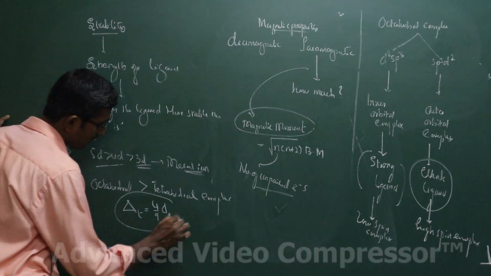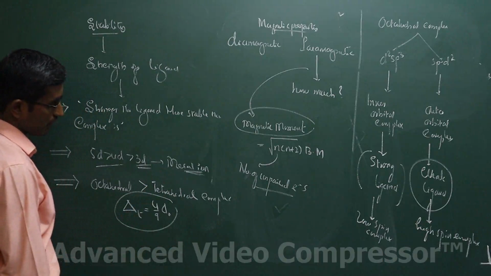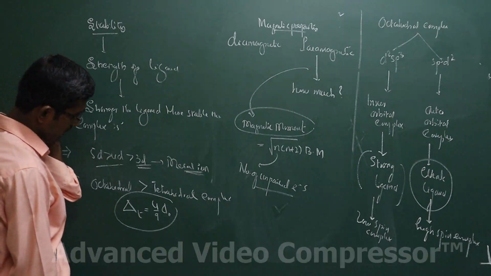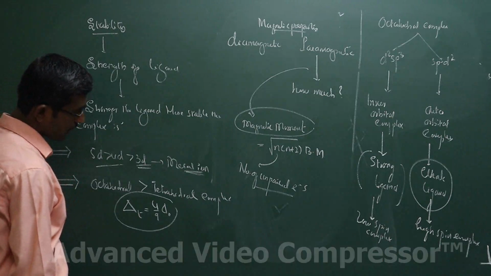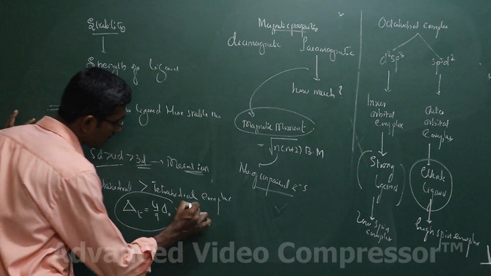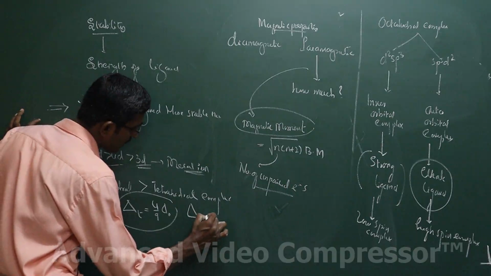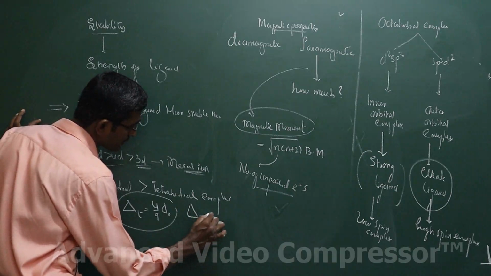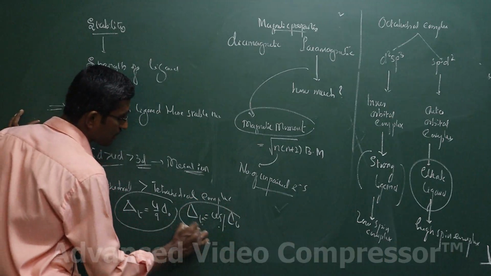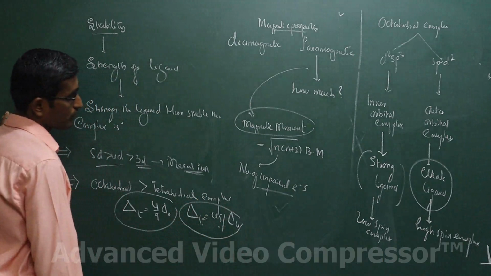That is, delta T is actually around 45% of delta naught.